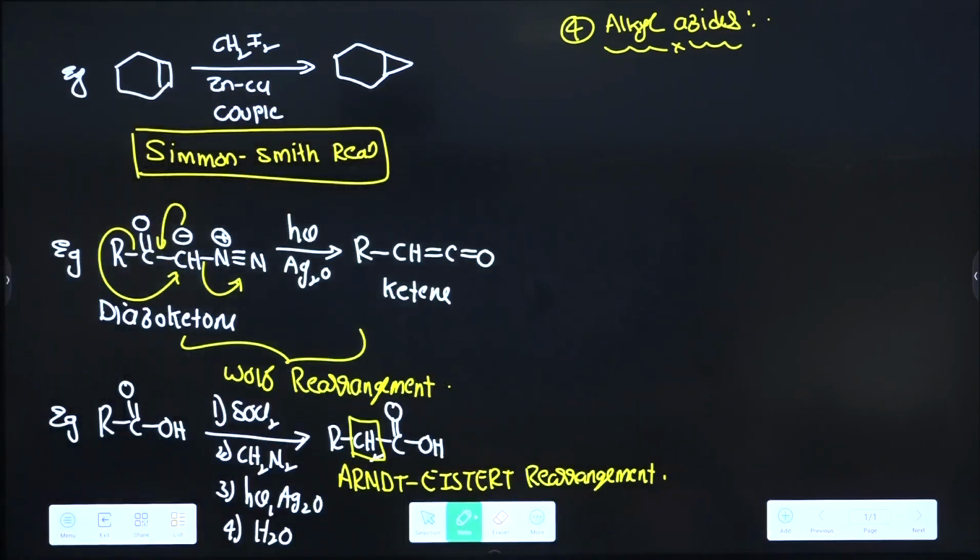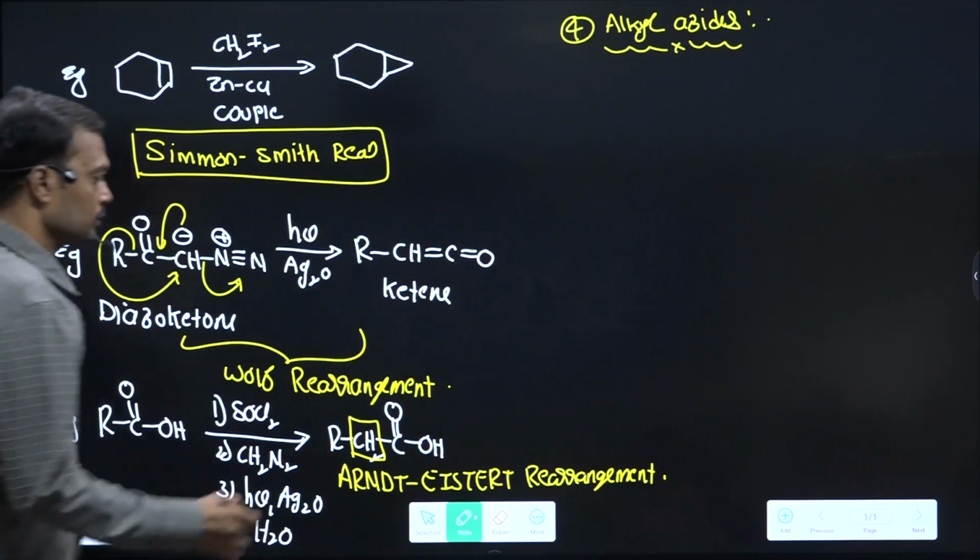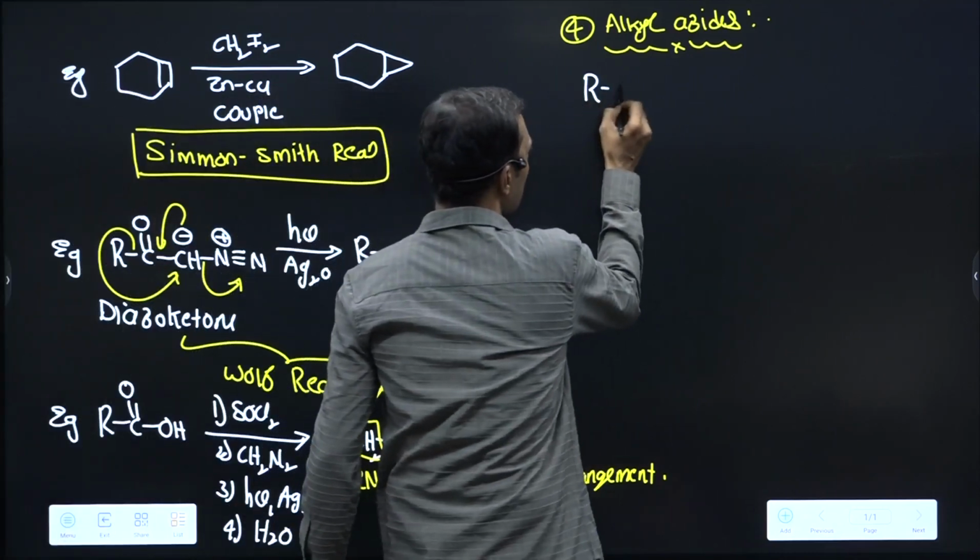Alkyl azides. So alkyl azide we can write like this: R attached to nitrogen with 3.